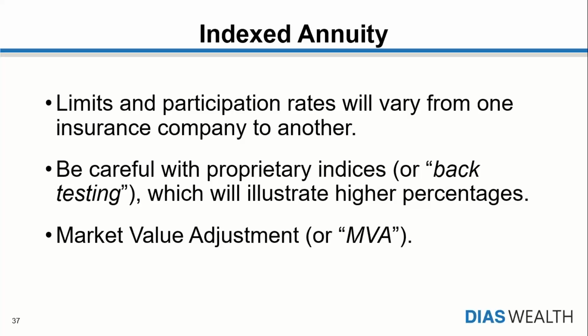They illustrated double-digit returns, and then 6 years later or more, when these contracts have not produced high single digits, clients are very angry because it was not what they were illustrated. Same thing happened with life insurance. So you have to be very careful when they're showing these proprietary indexes.